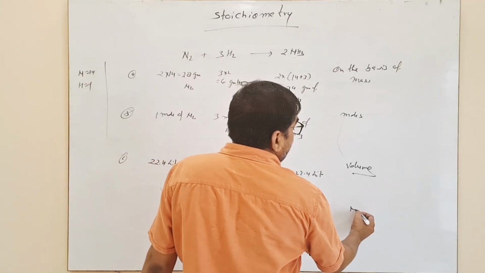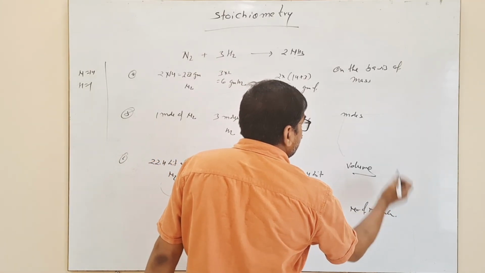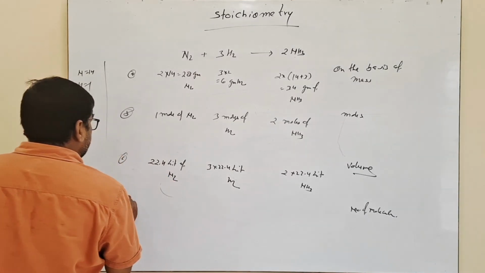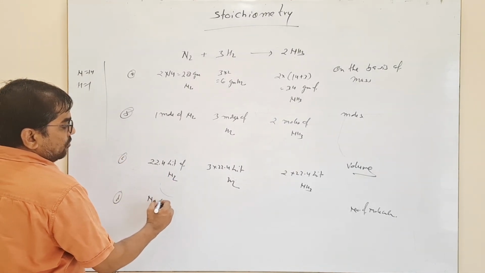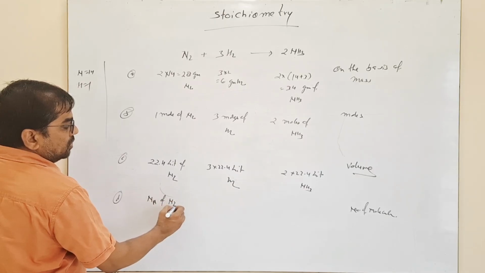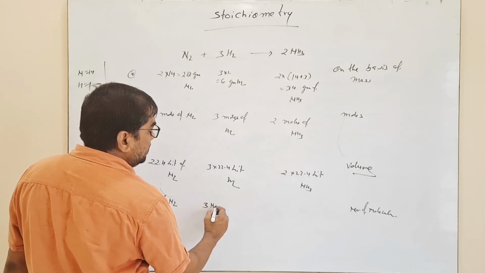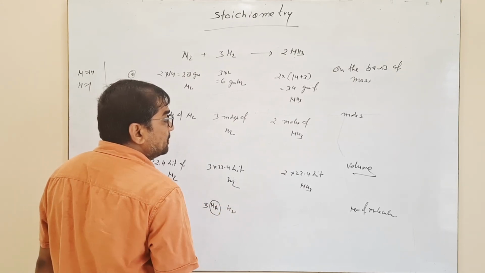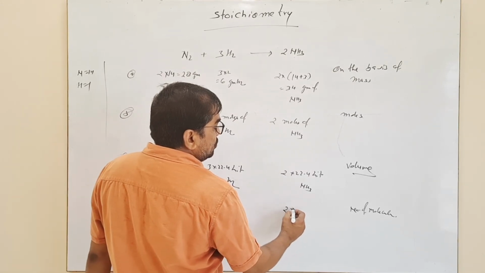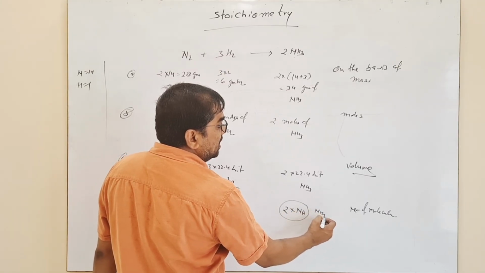On the basis of number of molecules, we can say that Na, Avogadro number of molecules of dinitrogen reacts with 3 into Avogadro number of molecules of hydrogen and gives 2 into Avogadro number of molecules of ammonia.